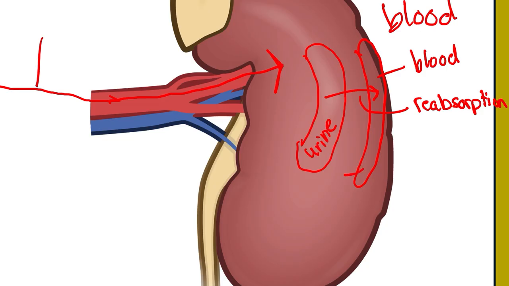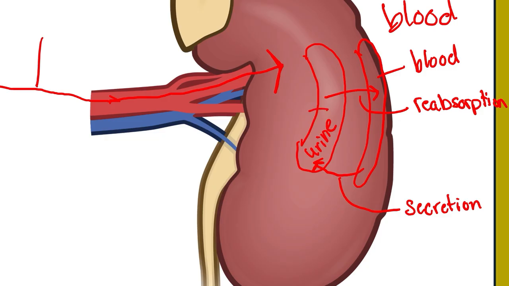Finally, you will also have another thing where you are having additional stuff going from the blood to the urine via secretion. So this is largely going to be due to active transport moving things into the urine.